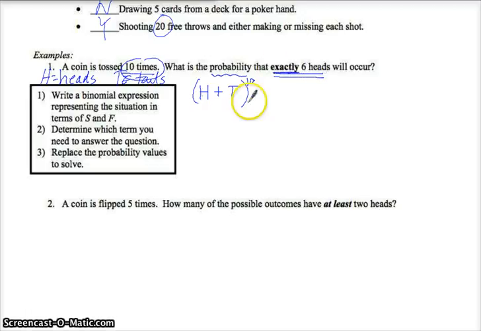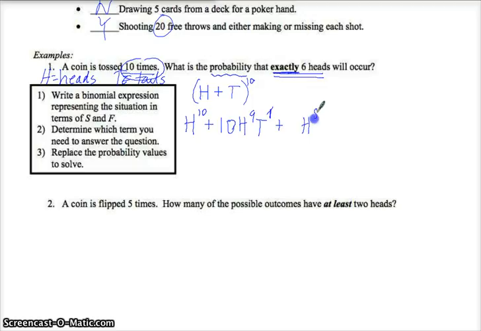If we were to expand this, we would have h to the 10th power plus 10h to the 9th power, t to the 1st power, plus, and then we would keep going on and on.